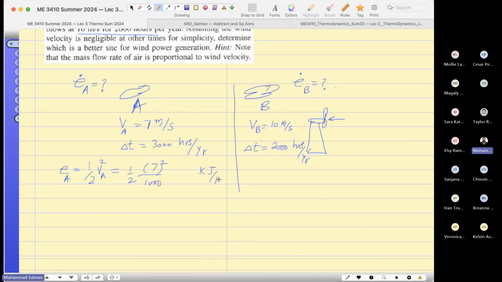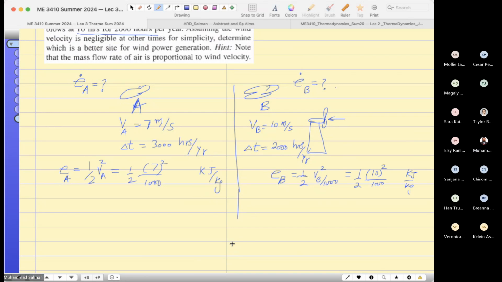Because I will get the answer in kilojoules per kilogram. I will do the same process for the other site location, divide by 1000 to get the answer in kilojoules per kilogram, and 10 square divided by 1000. The answer will be in kilojoules per kilogram.